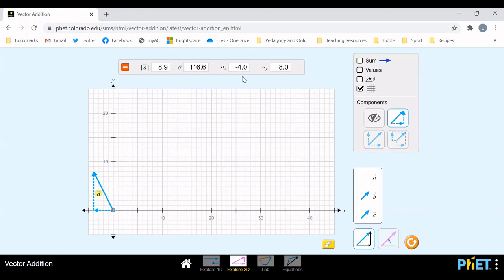In order to find the value of the angle in standard position, you will either have to take 180 degrees and subtract the reference angle, or if your resultant is in quadrant 3, you'll want to take 180 degrees and add the reference angle. We'll see each of these pieces in detail.